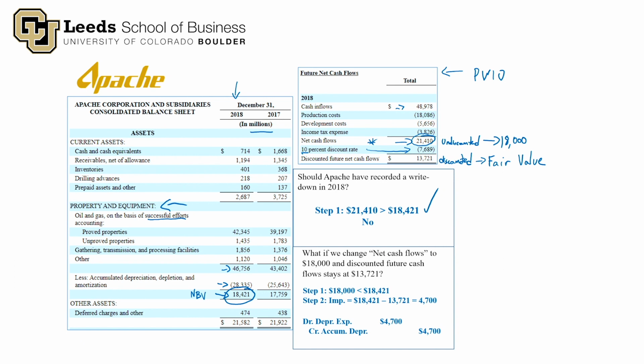And just as a final note, what I want you to notice here is that this two-step impairment rule kind of buffers the company against recording an impairment. As you can see in the case of Apache, their discounted future net cash flows, their fair value, is $13.7 billion.